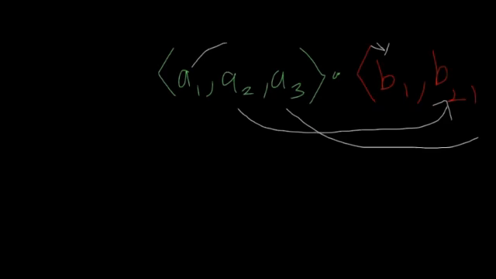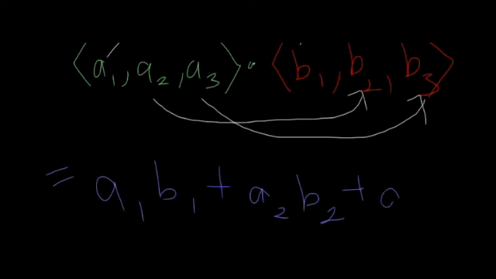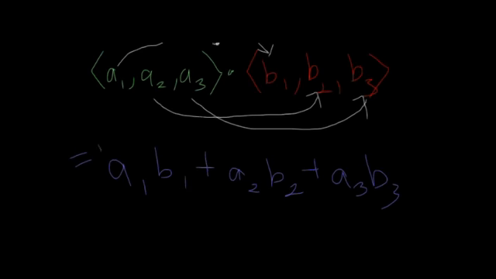So the dot product is A1 B1 plus A2 B2 plus A3 B3. And notice this is a scalar value. This is not a vector.